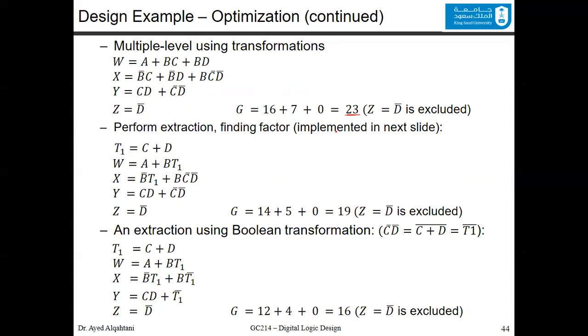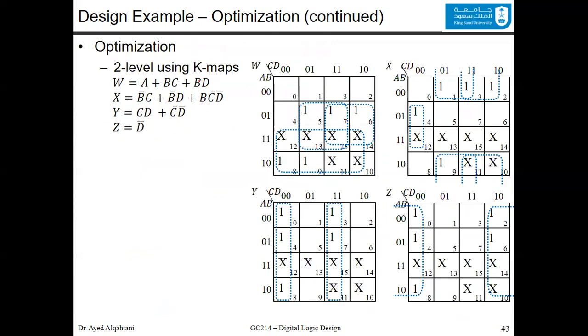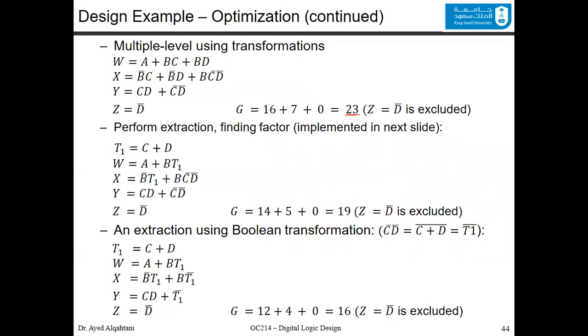We excluded this one, as you can see. We can reduce the number. Notice that we already made the optimization. So we believe that this is the simplest possible function of each one of the outputs, W, X, Y, and Z. But we did more optimization to try to reduce the cost even further.